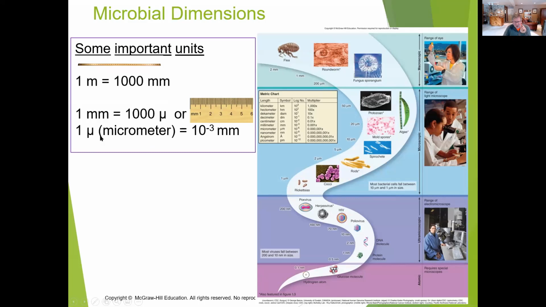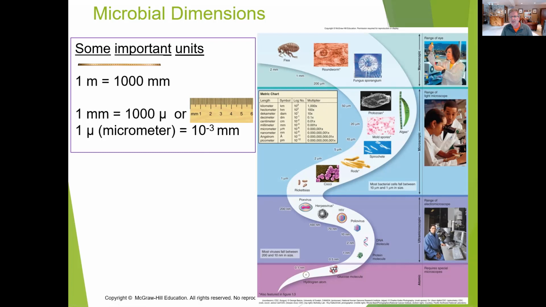And so 1 micrometer is 1/1000th of a millimeter, right? Because remember, take one of those little millimeters and divide it up 1,000 times. Each one of those is a micrometer. So there are 1,000 micrometers in a millimeter. And the reason that I bring up this notion of the micrometer is because when you start to look at some of these units that define different size microbes, there's that funny symbol, that's micrometer.